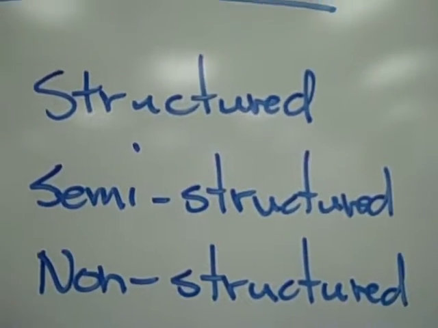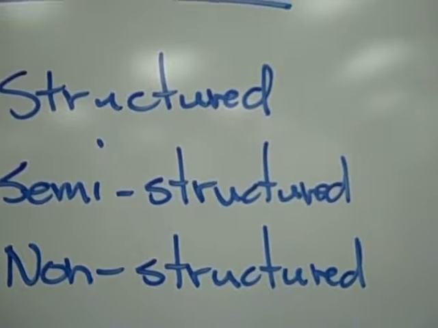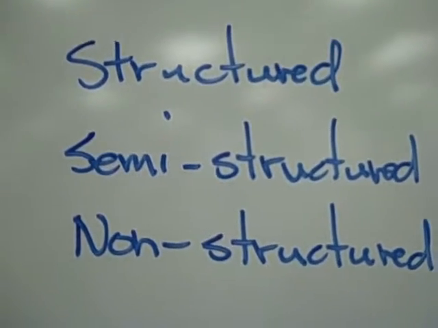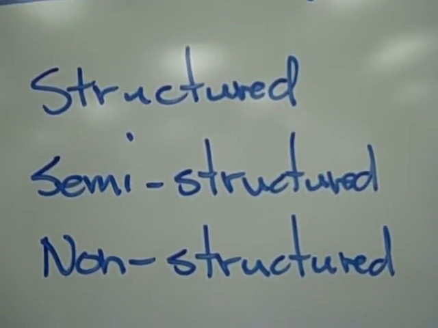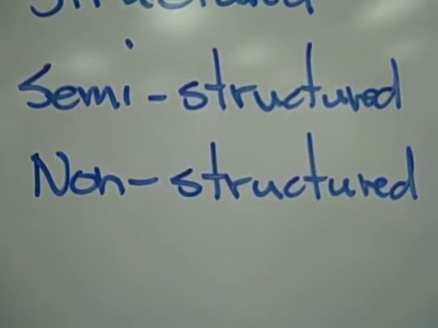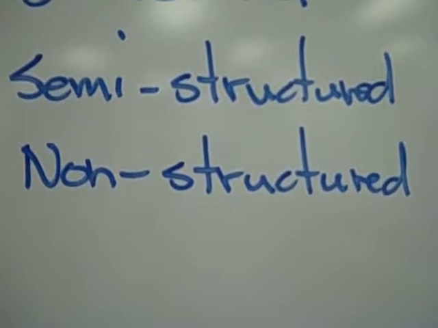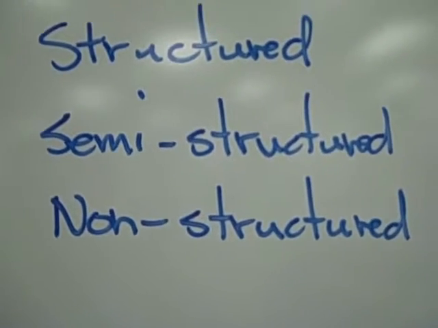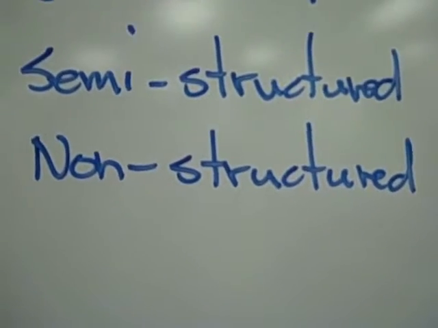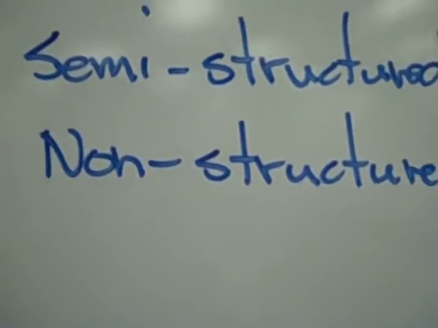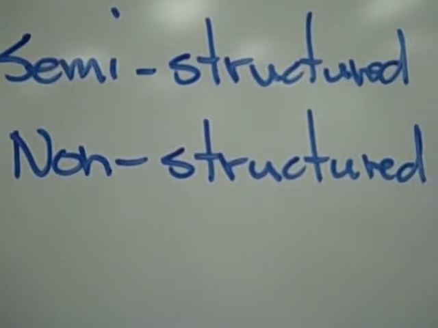Semi-structured decisions are ones in which we use information to make the decision, but it's a little more difficult for a computer. There's a little bit of gray area that might fall into that category. And then a non-structured decision is one, for example, what style of clothing are we going to carry? You can look at lots of information, but a human's going to need to make the decision at the end.